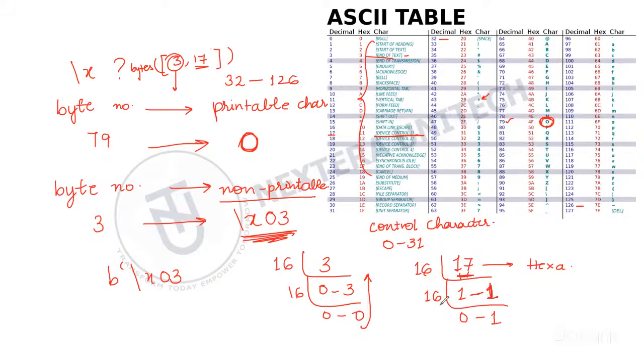Then again you divide 1 by 16, 16 zeros are 0, and the remainder will be 1. So how you write it is \x11. In that way, that will be printed. As these are non-printable characters in the ASCII system, they will be changed into hexadecimal values.